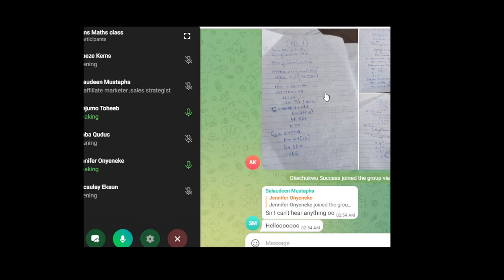Find the sum of the 8th and 15th terms of the AP.